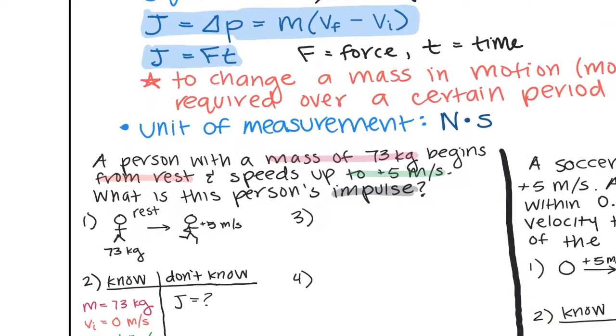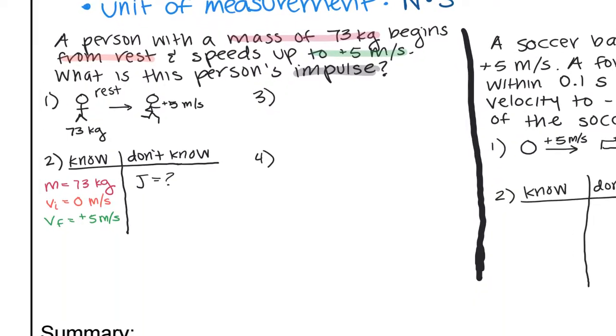So let's use this other equation, that impulse is equal to the change in momentum, which is the mass times the change in velocity. So we have that equation ready to go.